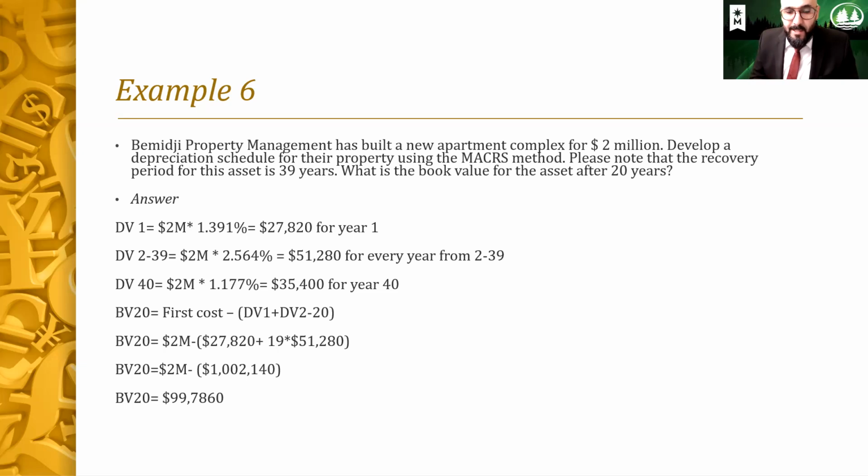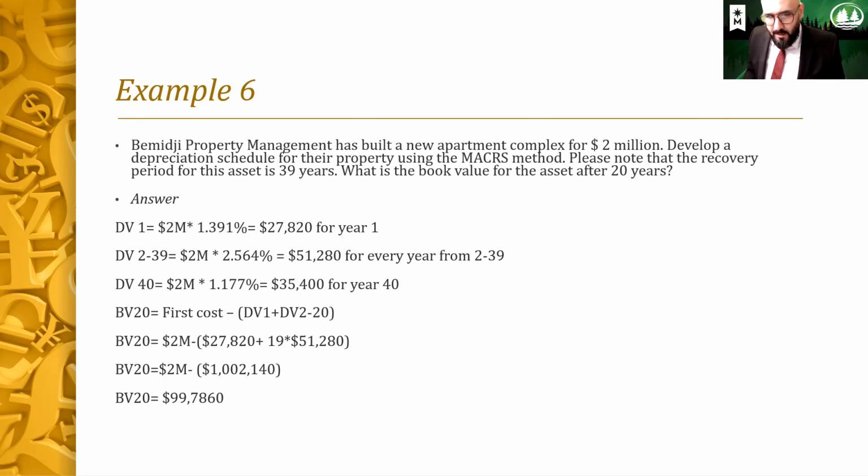So you multiply it by 19, and that would give you the depreciation from year 1 to the end of year 20, which would be about 1 million. So you subtract 2 million minus 1 million, and that will give you the book value for this complex to be about 1 million.